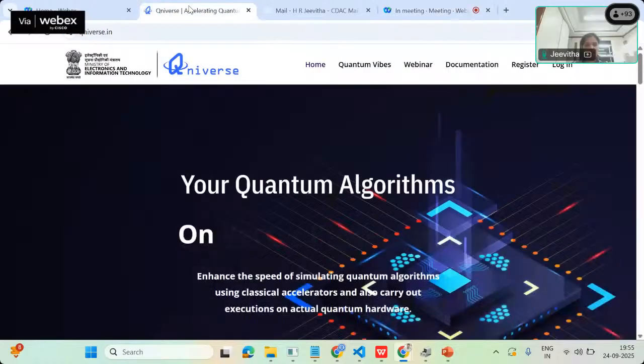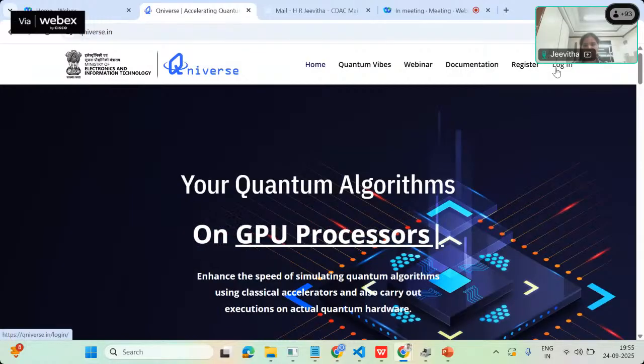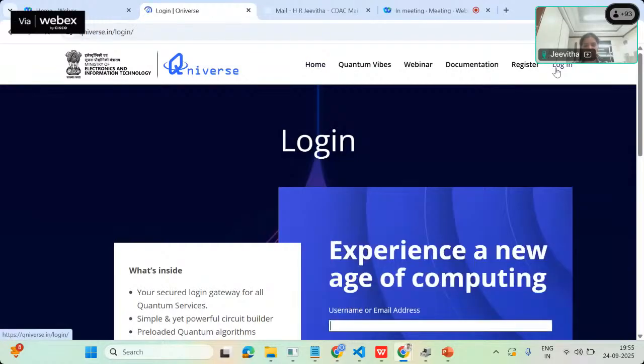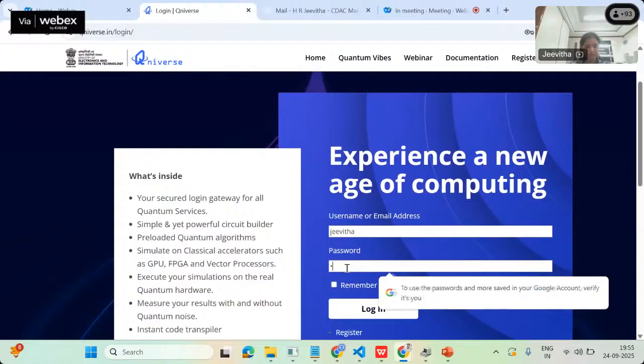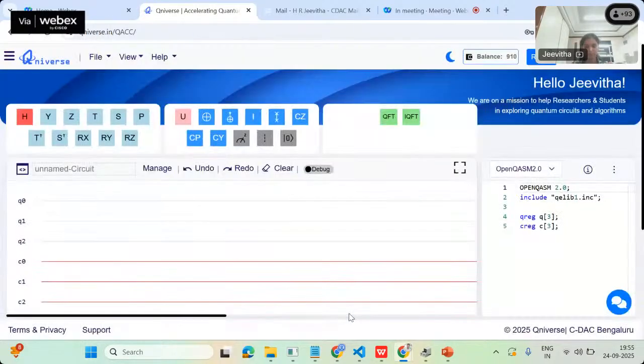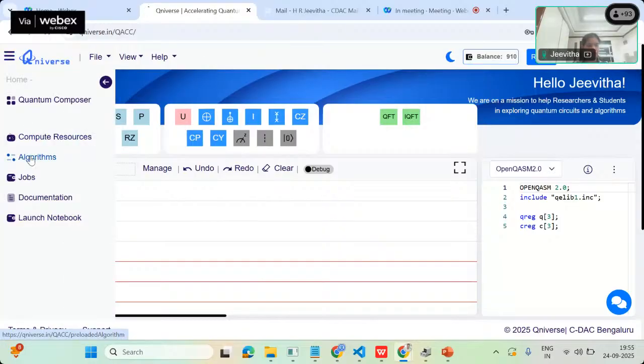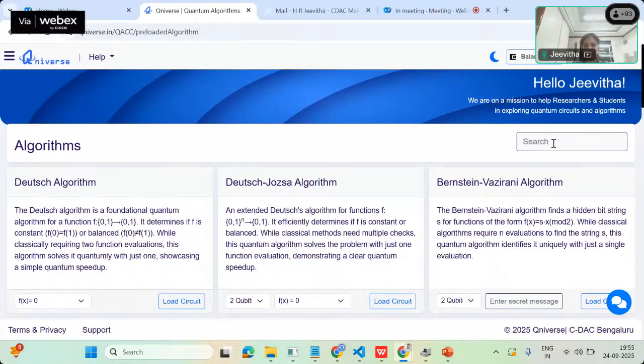Okay, so I was actually about to show you a demo in Qniverse. So let me log in. Once we log in, we have the algorithm section where we have all the algorithms.